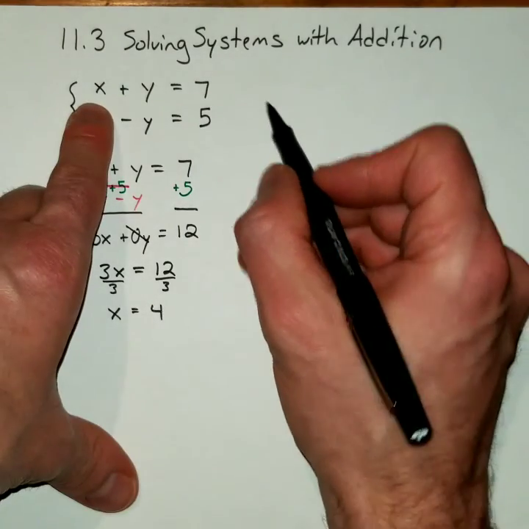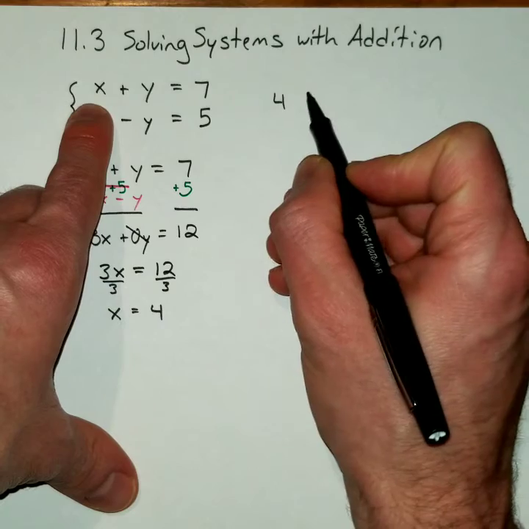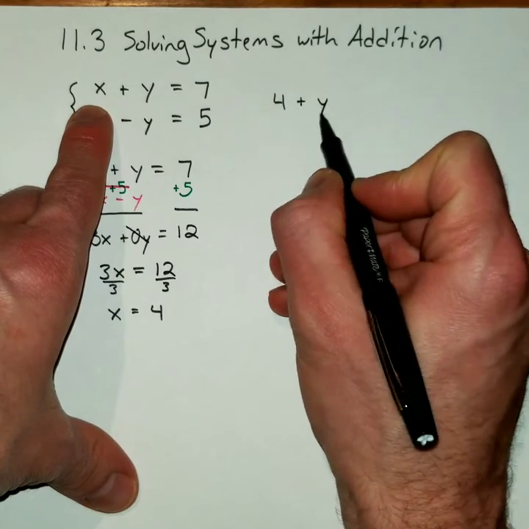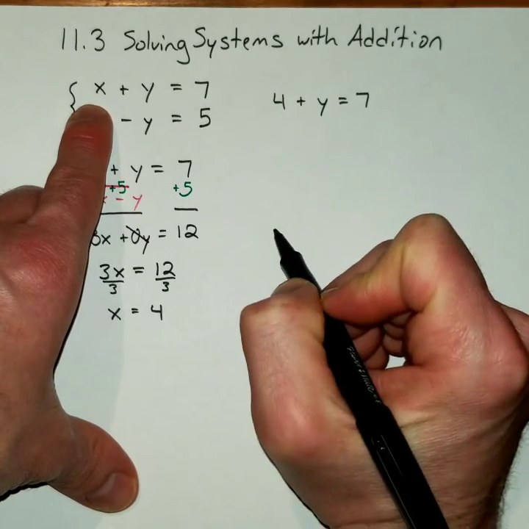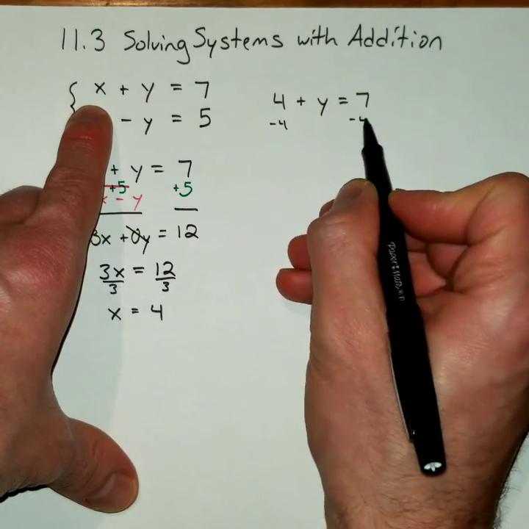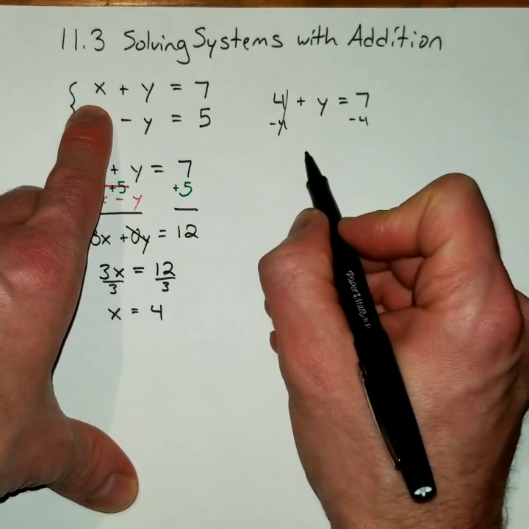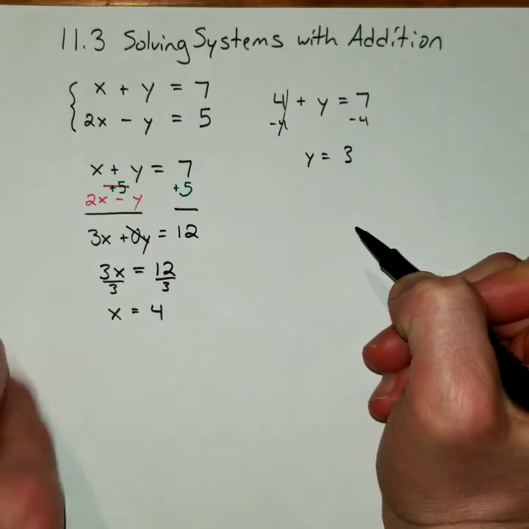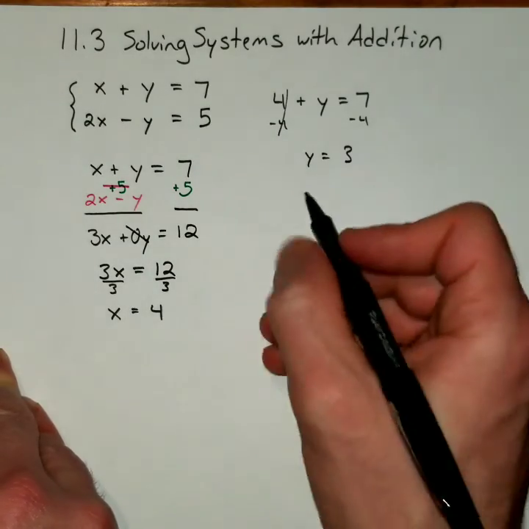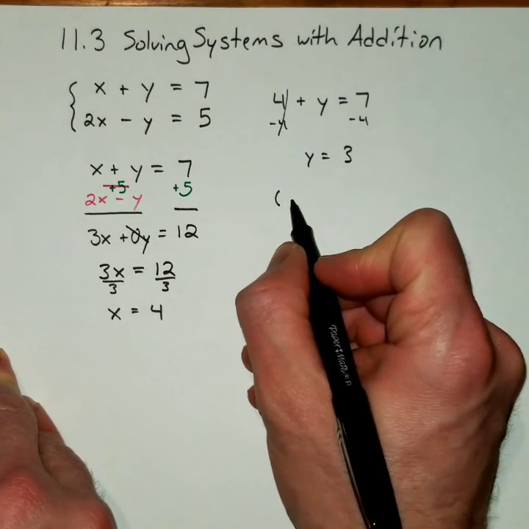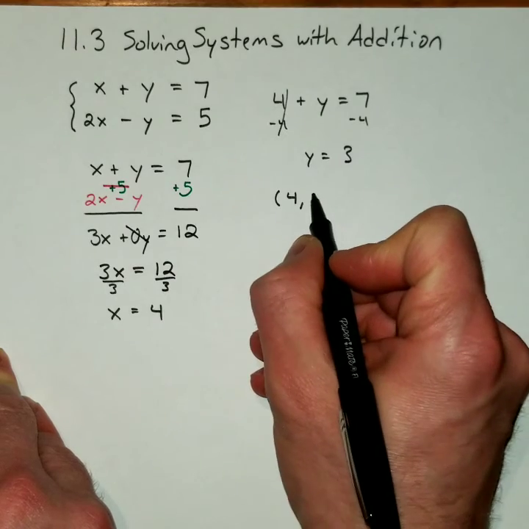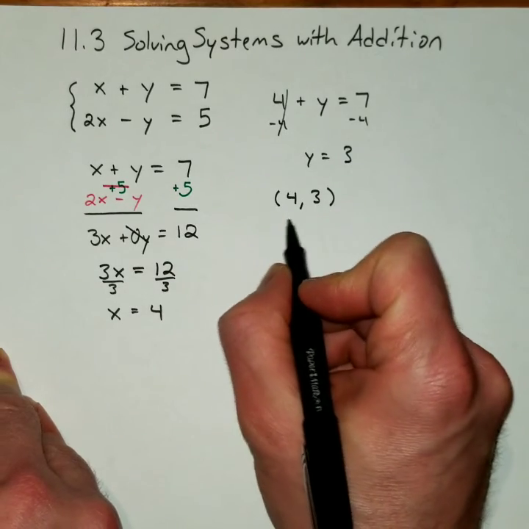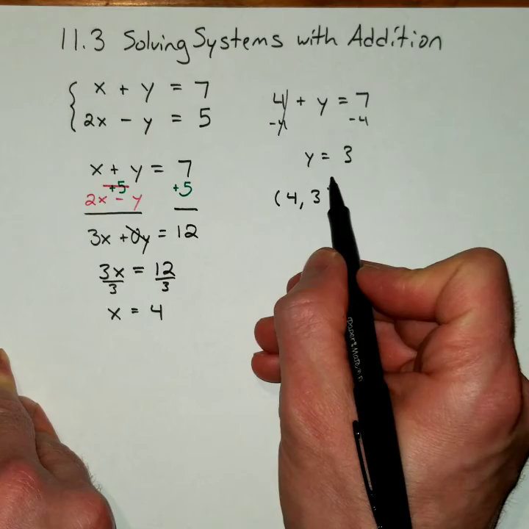So I'll put that maybe up in the top equation because I think that's going to be the easiest one to work with. I'm going to subtract the 4 from both sides. We'll 0 out on the left. And we'll be left with a 3. And so it appears my ordered pair, and remember you need your answer in an ordered pair form, it appears my ordered pair is 4, 3.